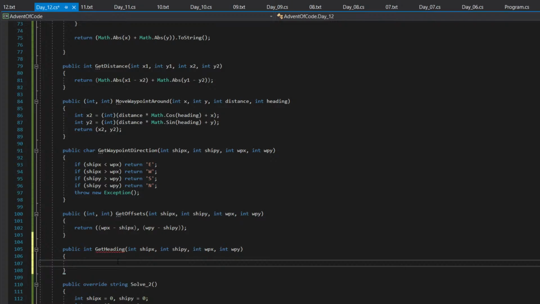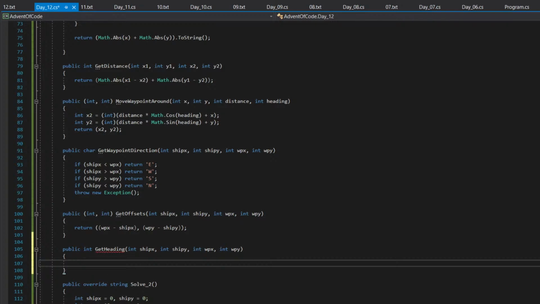First, we'll get our... how do we move positive or negative? So let's see. What is our calculation?